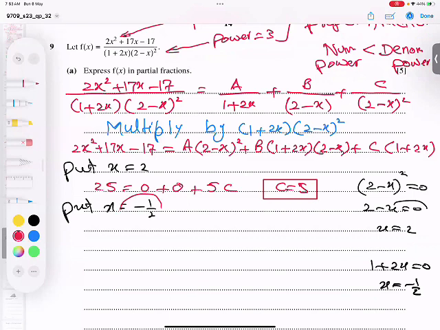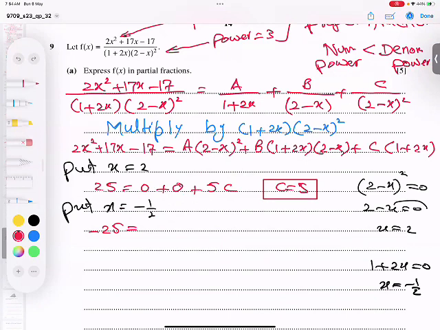When I plug in negative half here, let's see what it turns out to be. 2 into 1 over 4 plus, not plus, minus 17 divided by 2 and minus 17. I get negative 25. And this naturally becomes 0 because, no, sorry, this is not 0. This I must plug in. And when I plug in here, what answer turns out to be?